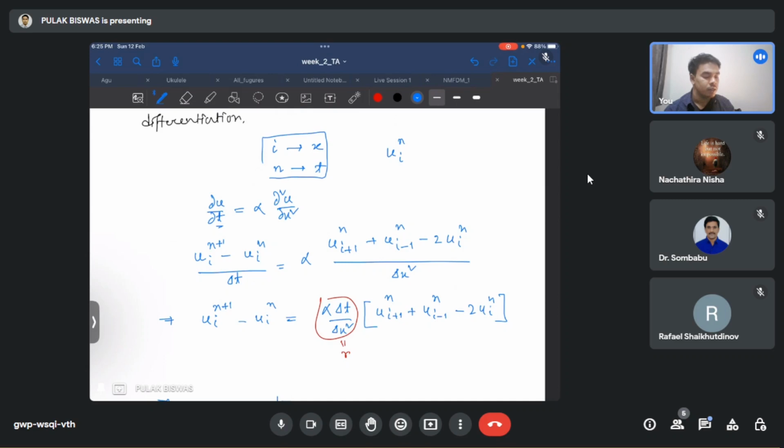You can use any notation, you can also use p and q, but you should be consistent. Yeah, but the current point is n plus 1, so that will be cleared when we simplify this equation.